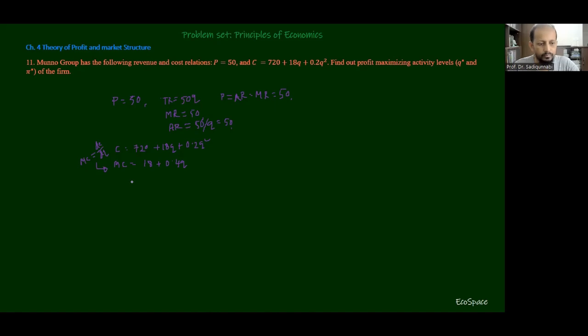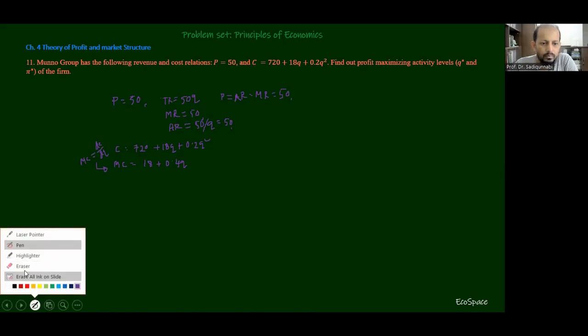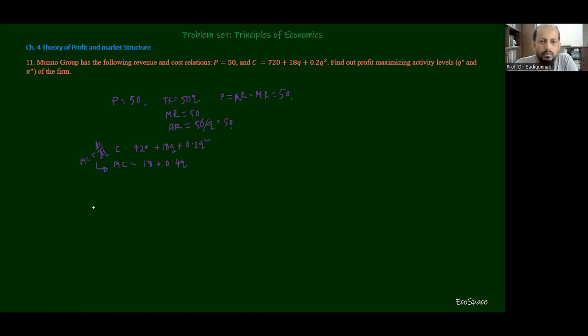Right? Now, the statement says to find the profit maximizing activity level Q star and pi star.